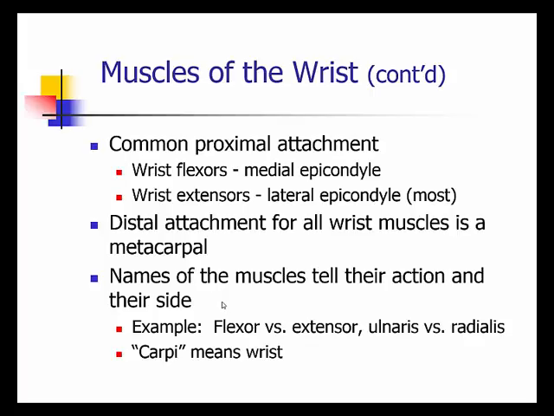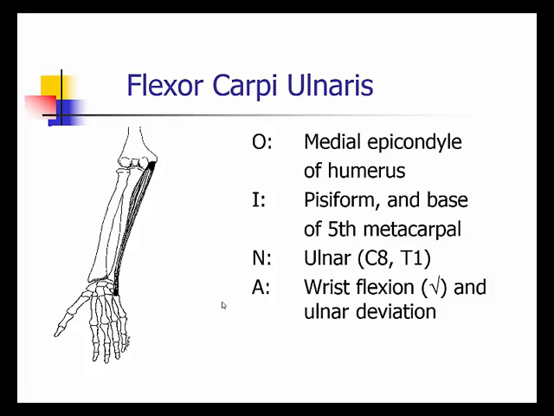For example, flexor versus extensor, ulnaris versus radialis, and then carpi meaning wrist. So we start with the flexor carpi ulnaris, as you can see is a good example, and you can imagine what it does. Again, be sure to memorize the origin, insertion, nerve innervation, and action of each one of these muscles, as you will be responsible for that.